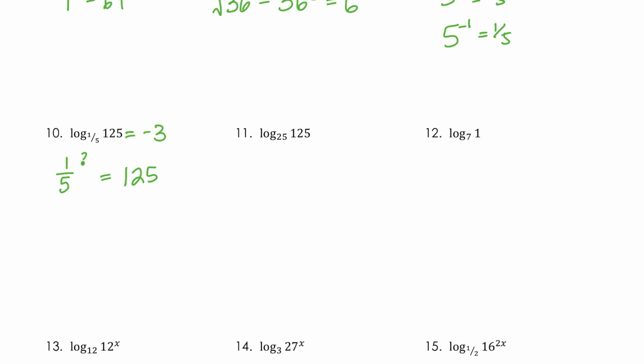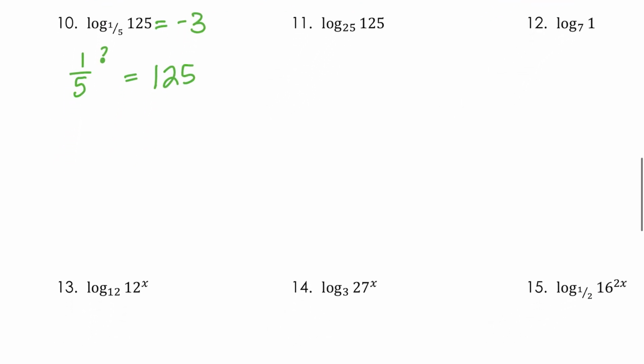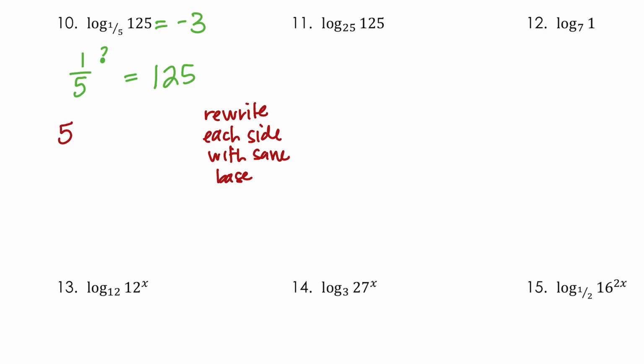Another way to look at this one is to rewrite both sides with the same base, and make it a little equation. What I mean by that is that this is 5 to the -1, and then we have a question mark power, or x. And then this side is 5 cubed, right? 1/5 is 5 to the -1, but then we have our question mark, so I put an x there, like we have to solve for x.